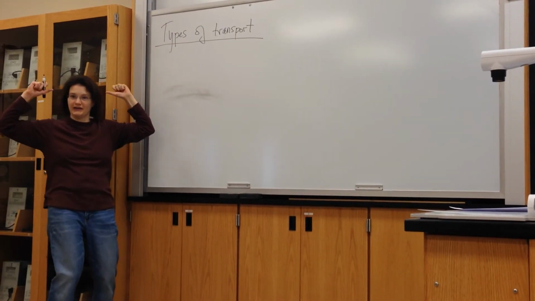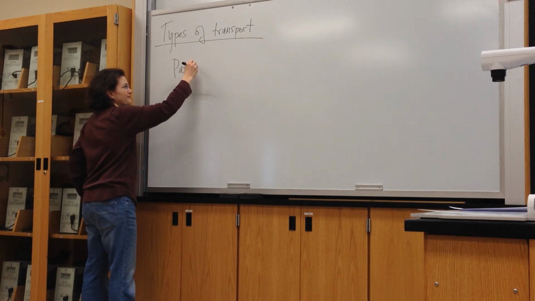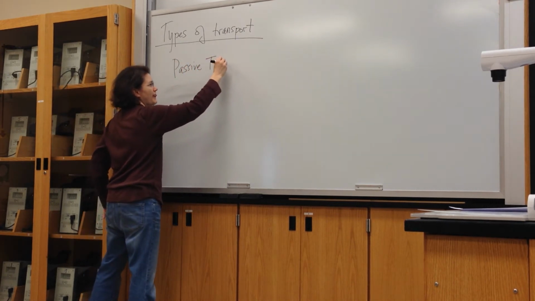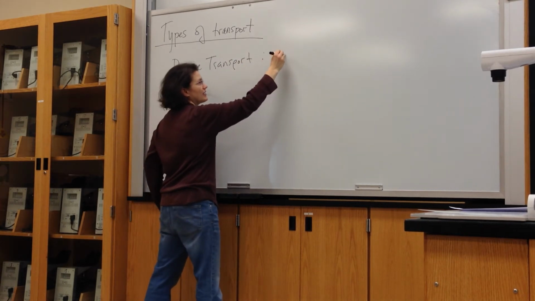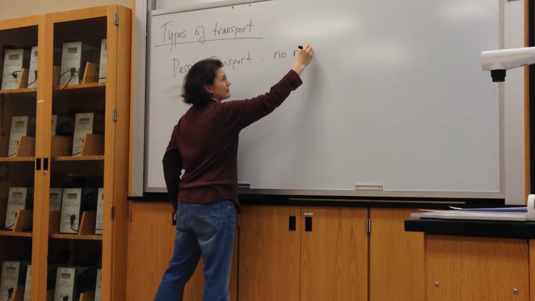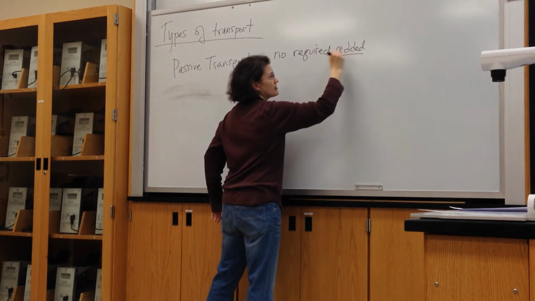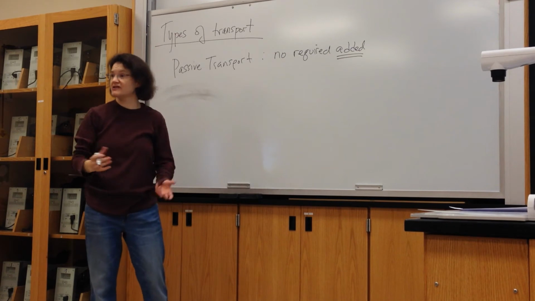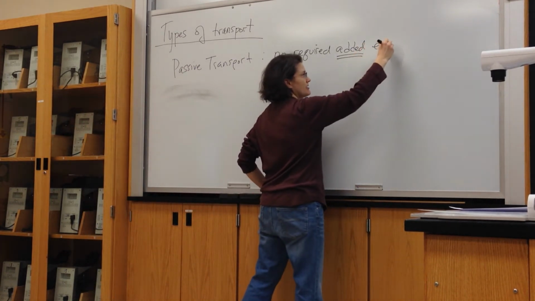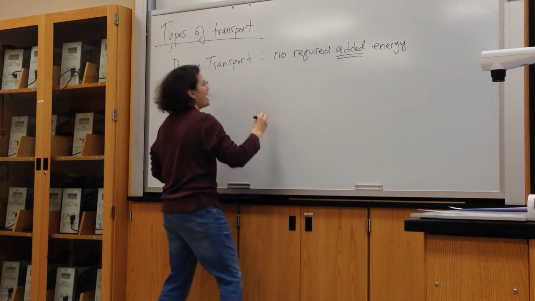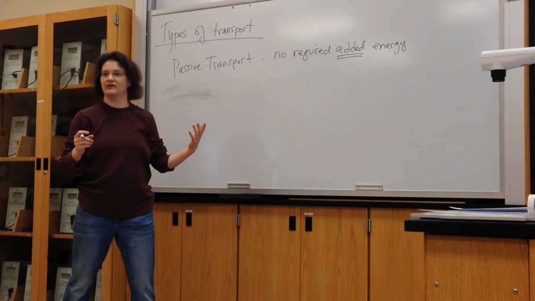We're going to go back even more. So, types of transport. We've got passive transport, and that requires no added energy. It has its own energy in the system. We don't have to add energy for this to happen.